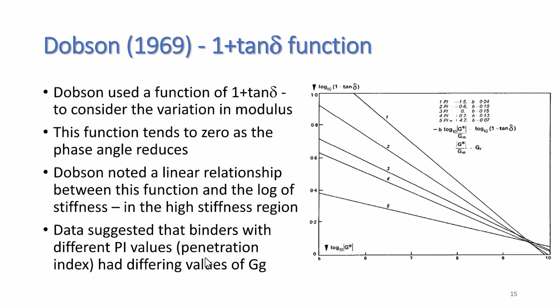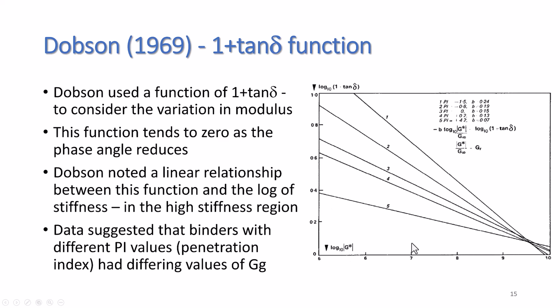Now, Dobson, in some of his work, showed the effect of different penetration indexes and the results obtained with different penetration indexes versus the G star, and then on this axis he plots 1 plus the tan of delta.